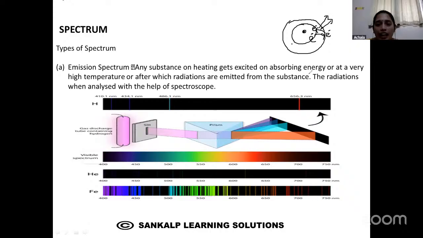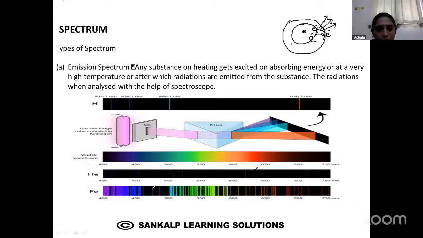When this radiation is passed through the prism, you know the prism you have already studied, they observe only certain lines are present. In case of helium, a yellowish line will be there. And for iron, different red color zone, yellow color, blue color, violet color zones, different lights are emitted.